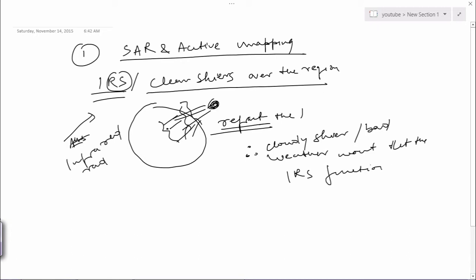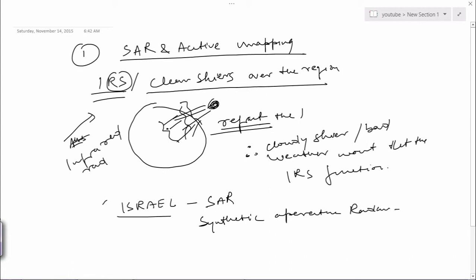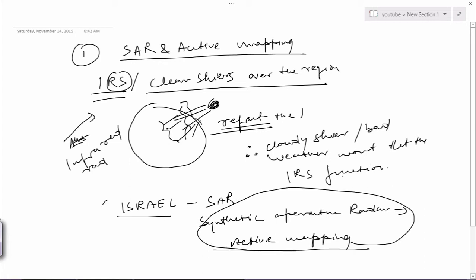So to help us with this problem, Israel gave us this technology called SAR, which is synthetic aperture radar. Which has enabled us to do what? Active mapping. That is, we are able to map the areas even when we have cloudy weather.